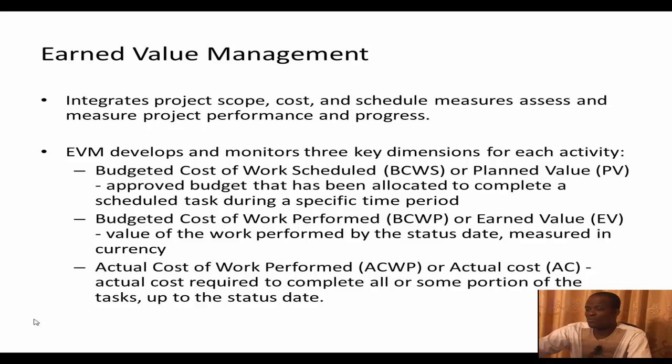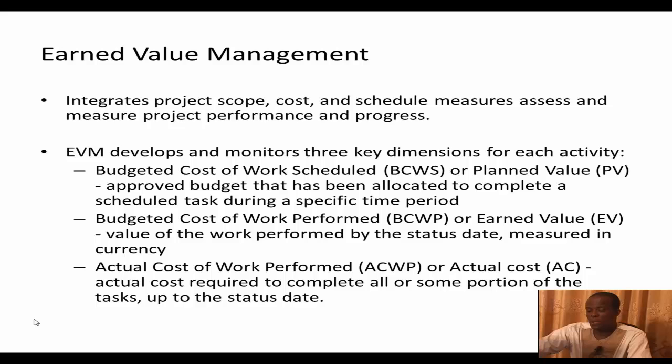Earned value management develops and monitors three key dimensions for each activity. We have what we call the BCWS, or the budgeted cost of work scheduled, or planned value, as some texts will put it. They are used interchangeably sometimes, depending on the text. But budgeted cost of work scheduled is in fact an approved budget that has been allocated to complete a scheduled task during a specific time.